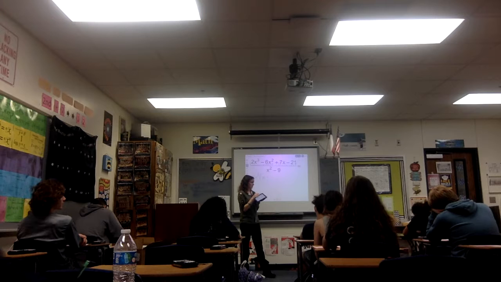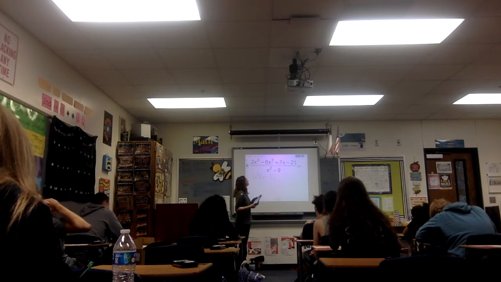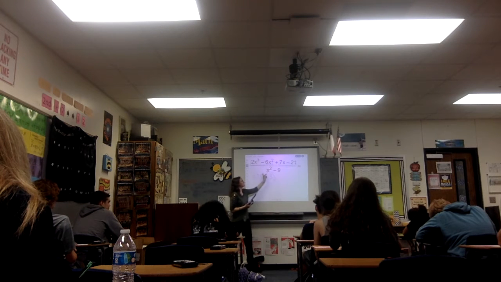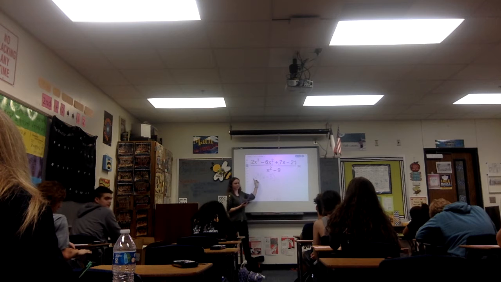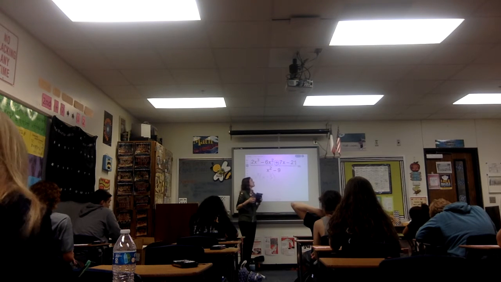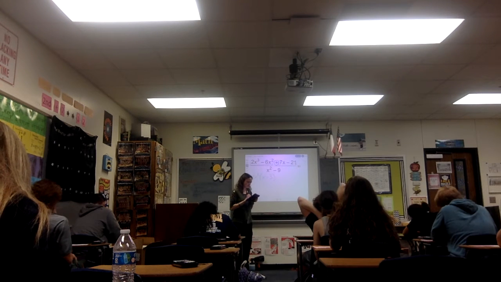So 6 divided by 2. There we go. We factored the 2x squared out, so our x's cancel out, and then we have 6 divided by 2, right? What did I say we do with our sign in the middle here? Go to the middle. Thank you, Ethan. We bring it down, keep it in the middle.